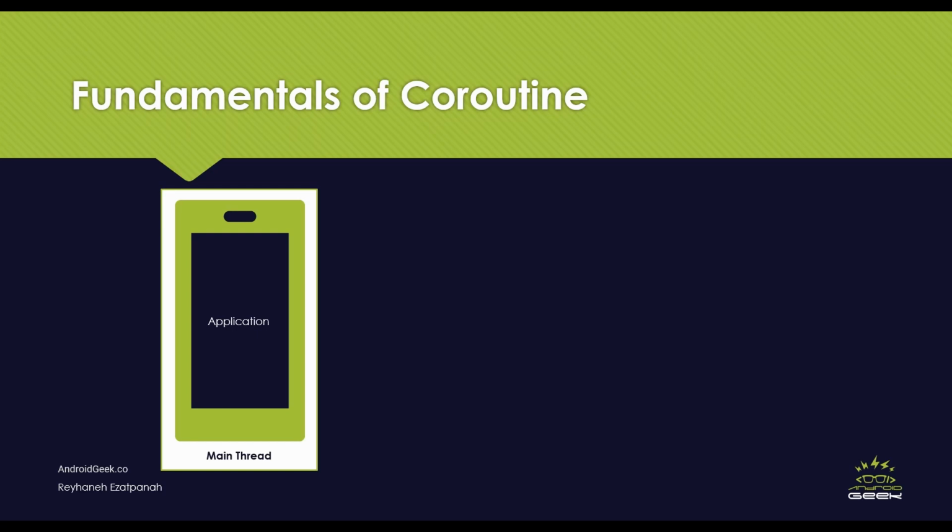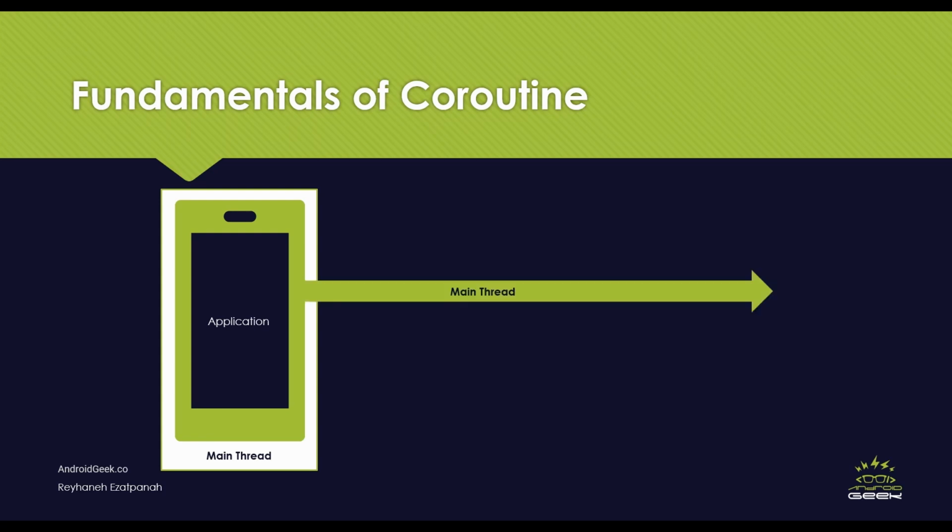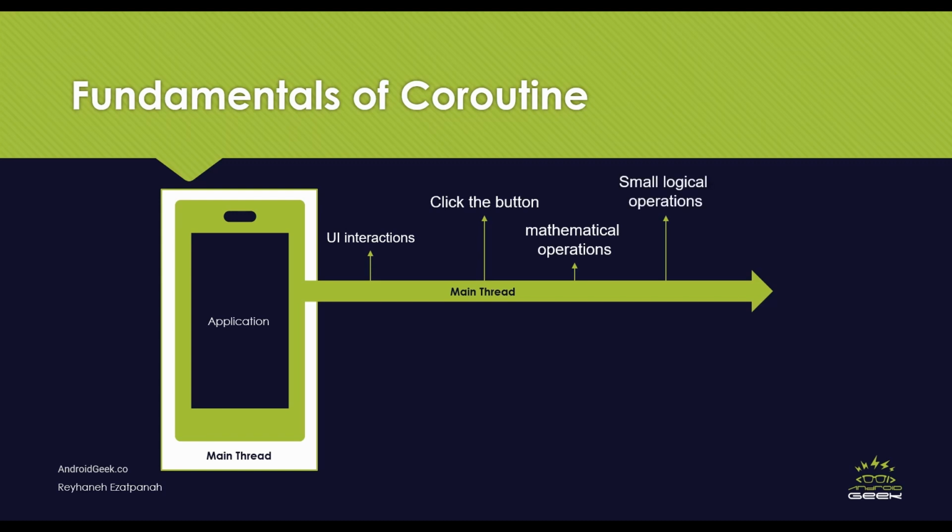Now, this main thread is the life of your application. Let me show you the main thread with the help of this green arrow. And on this main thread, we perform small operations such as UI interaction, clicking a button, mathematical operations, a small logic operation. So, we use the main thread to compute small operations.